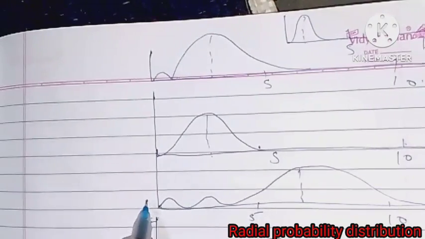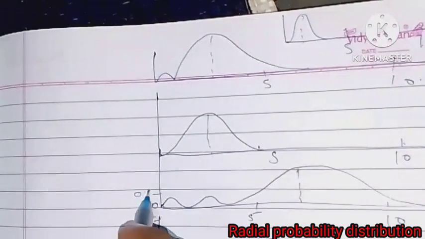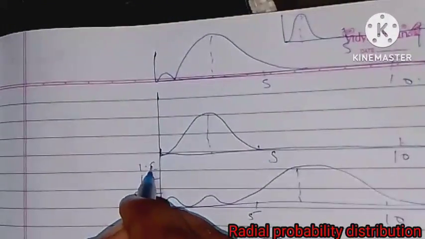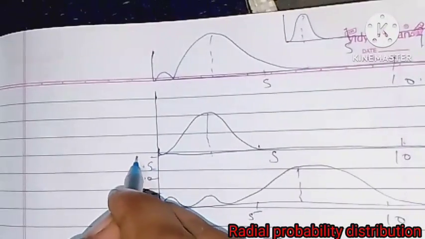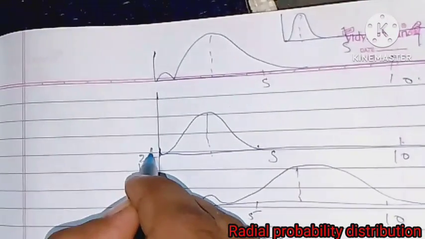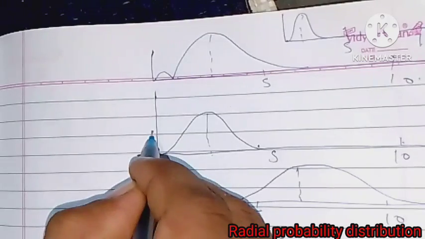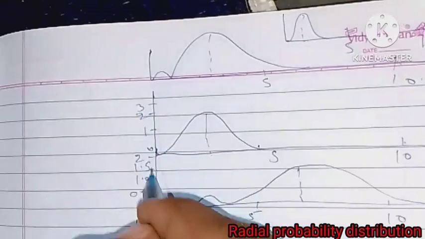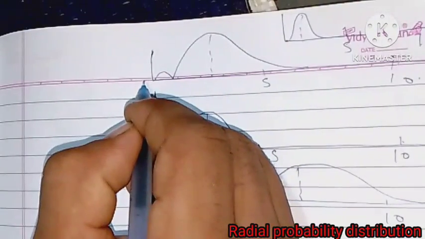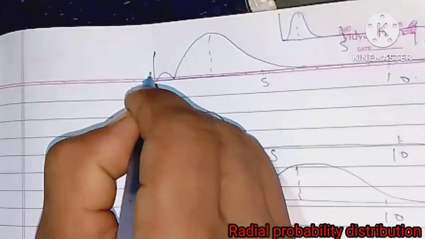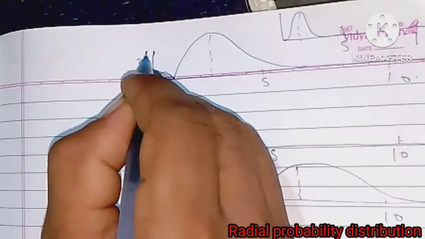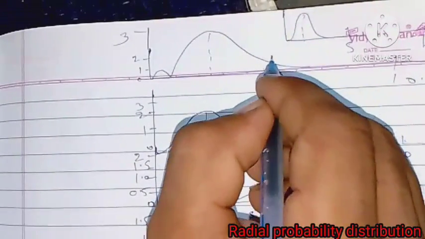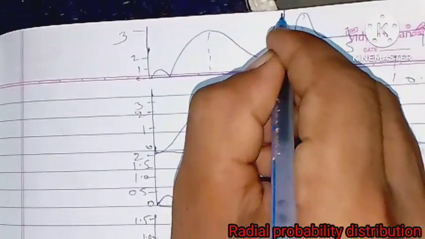The scales are 0, 0.5, 1.0, 1.5, 2; 0, 1, 2, 3; and 0, 4, 8.